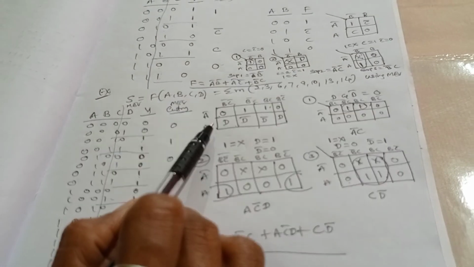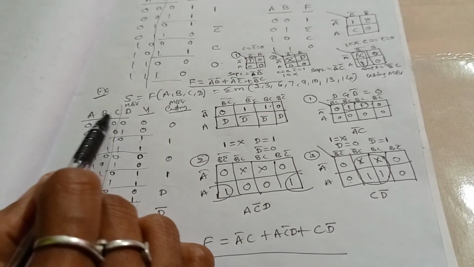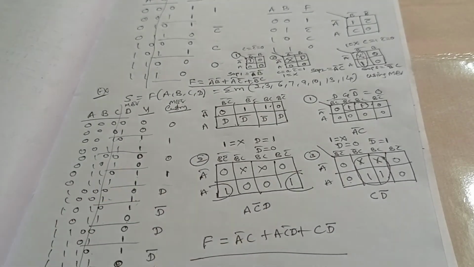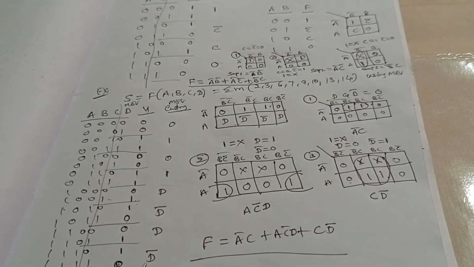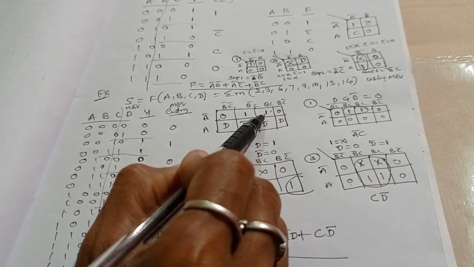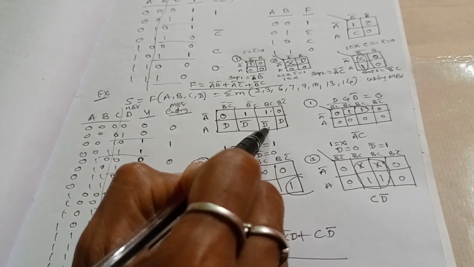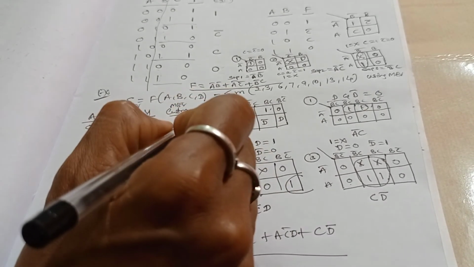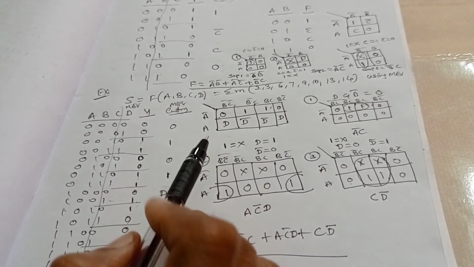3 variable map. Considering only ABC 3 variables, and these are all the 0 to 7 combinations. That is cell number 0, 1, 2, 3, 4, 5, 6, 7, as we already discussed in K-map in the previous video.